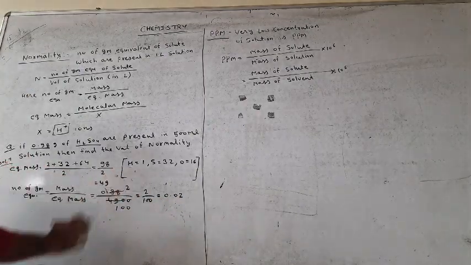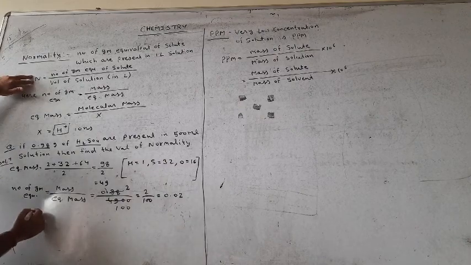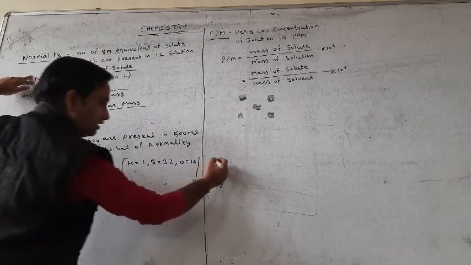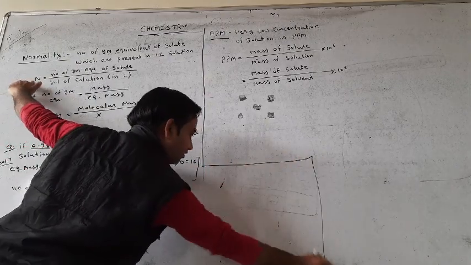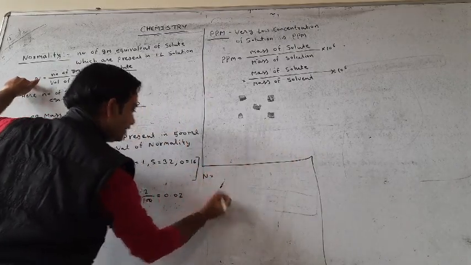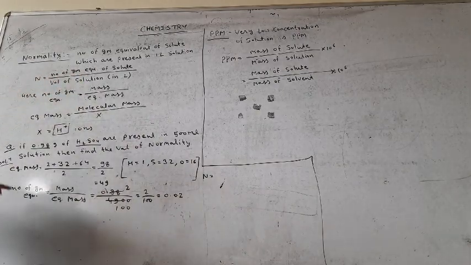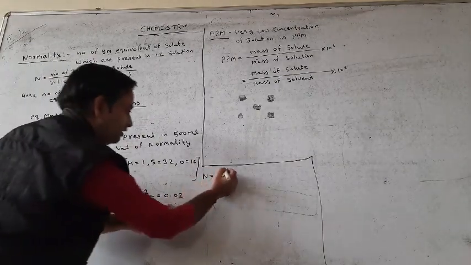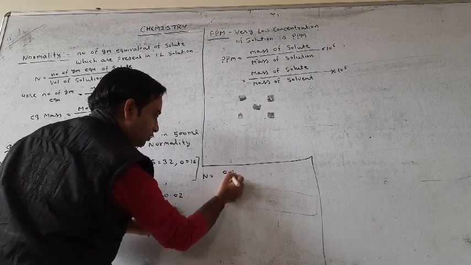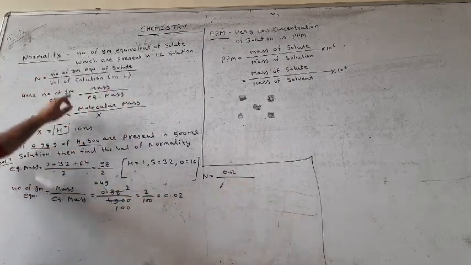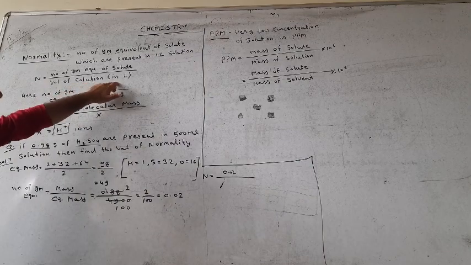Now what is the normality? Normality is the number of gram equivalents of solute, 0.02, divided by the volume of solution in liter.